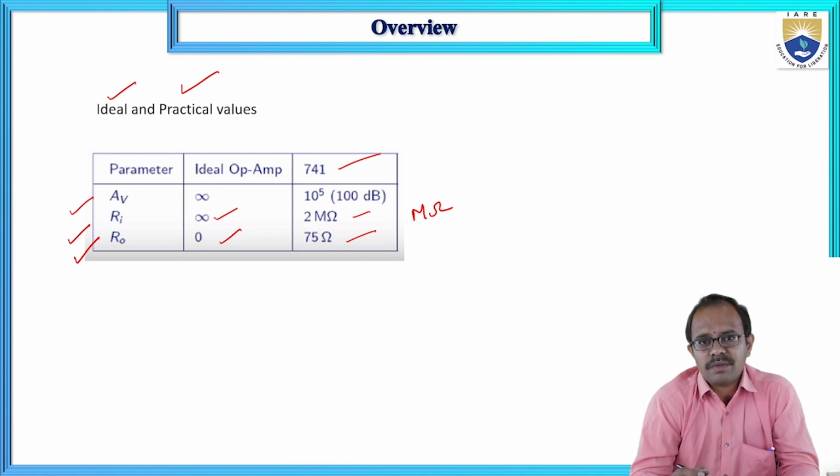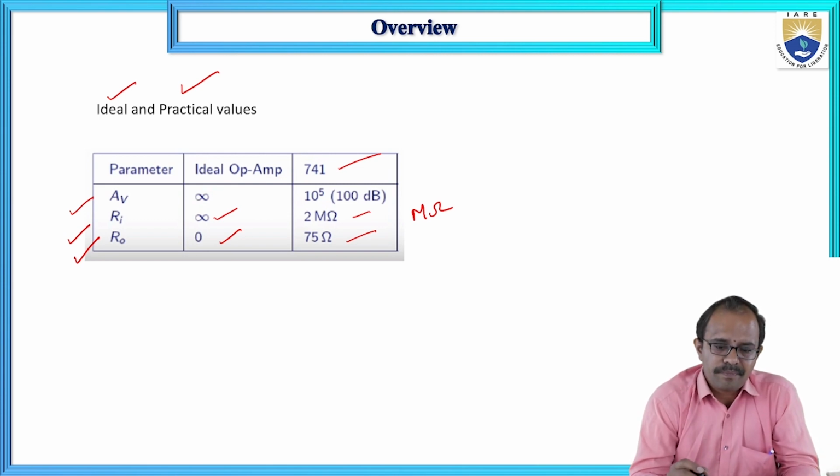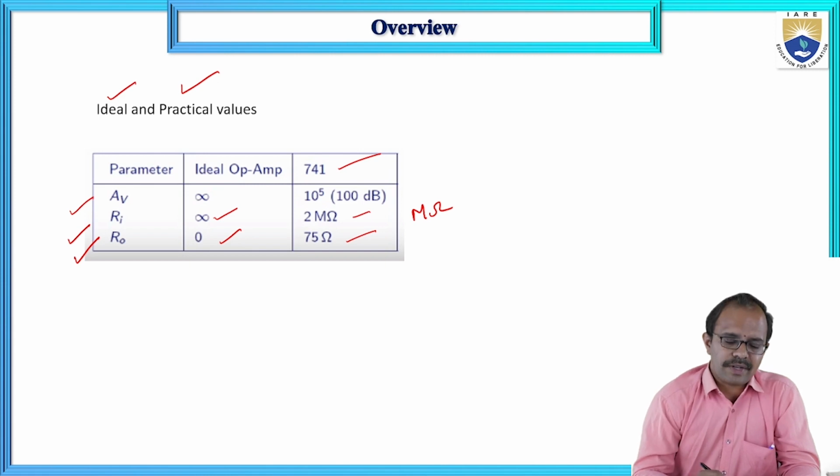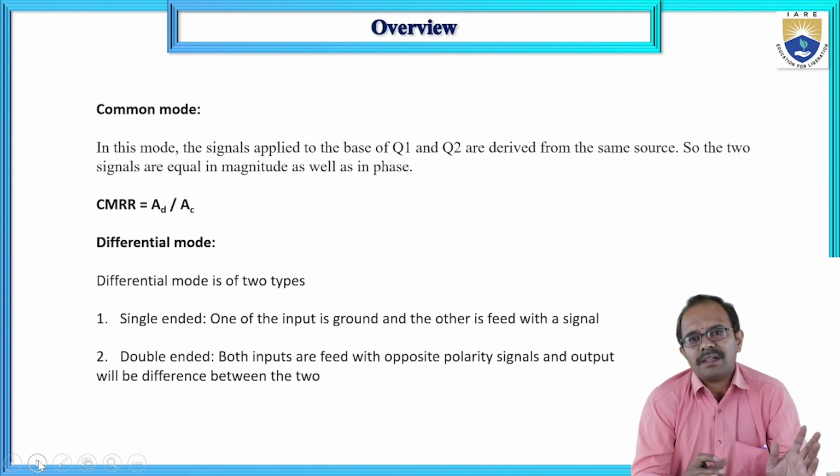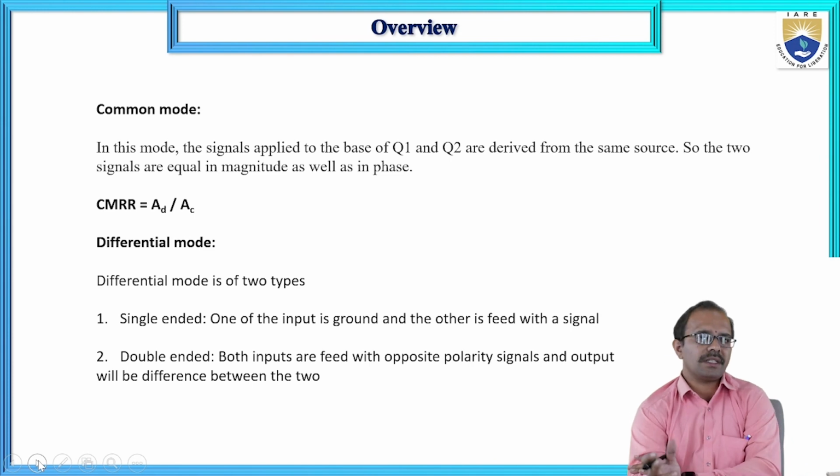Gain will be 10 power 5 and input impedance will be of the order of a few mega ohms. Output impedance is 0 in the ideal scenario, and in the practical scenario it is small but not 0, with a value of 75 ohms. These are some standard values of IC741. One can remember the ideal context as well as the practical context.